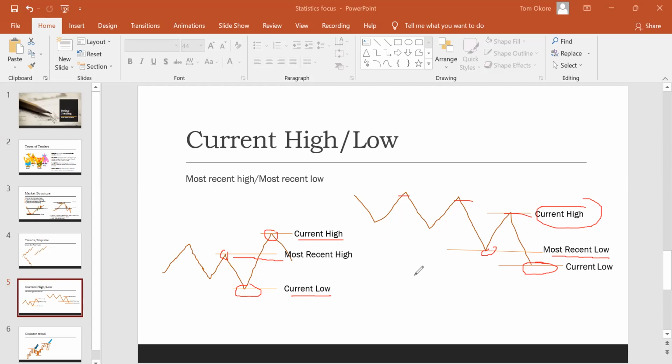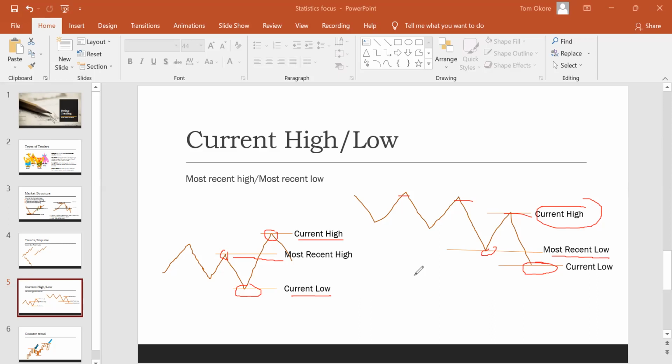It sounds a bit obvious, but as you start practicing, all this will become clearer. Today being the first day of class, I'm just throwing it out there so you can have an idea of what we call current low, current high, most recent high, most recent low.